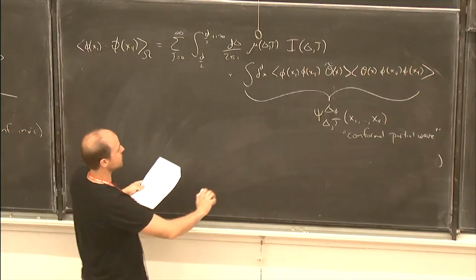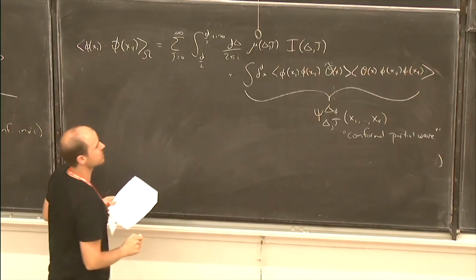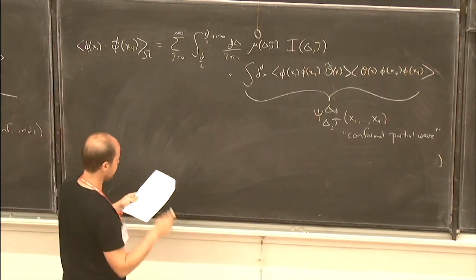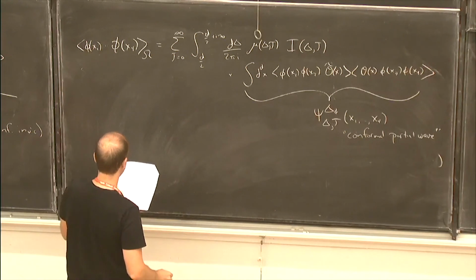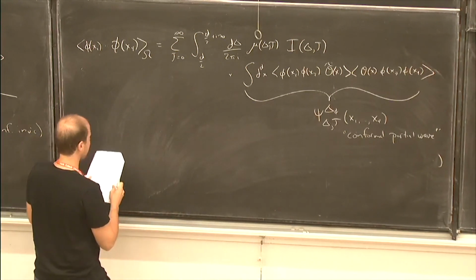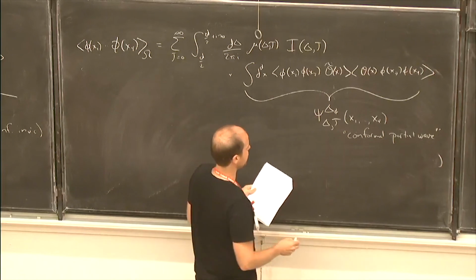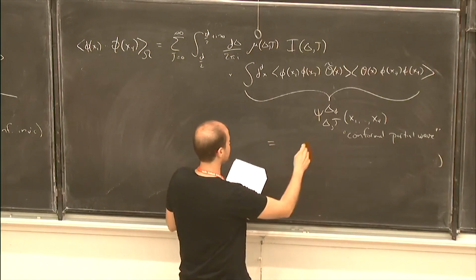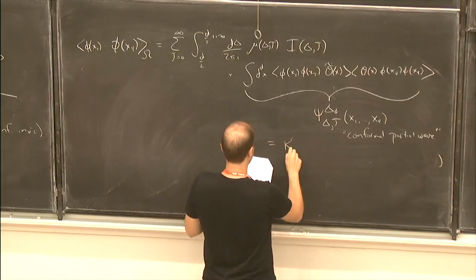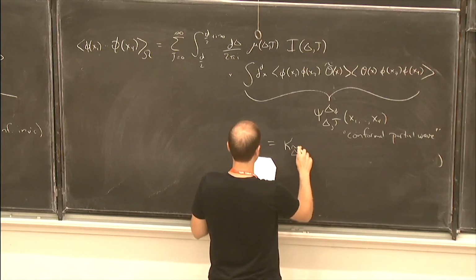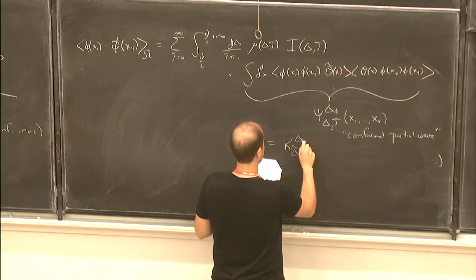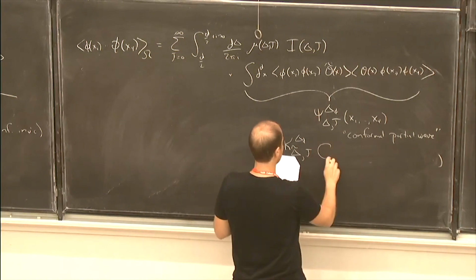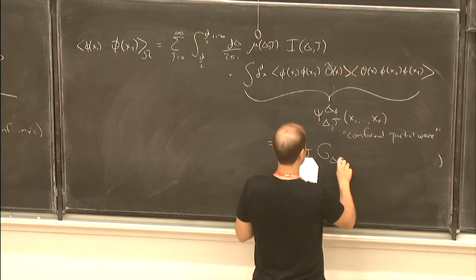Good. So this is a conformal partial wave, and I think Peter is going to talk a lot about these integrals later in his next lecture. And maybe we'll also have something on the problem set about it. So it turns out that this conformal partial wave is a linear combination of conformal blocks with some coefficients that I'll call k.